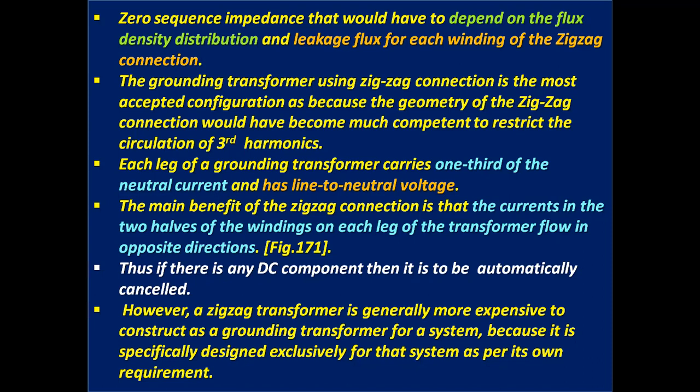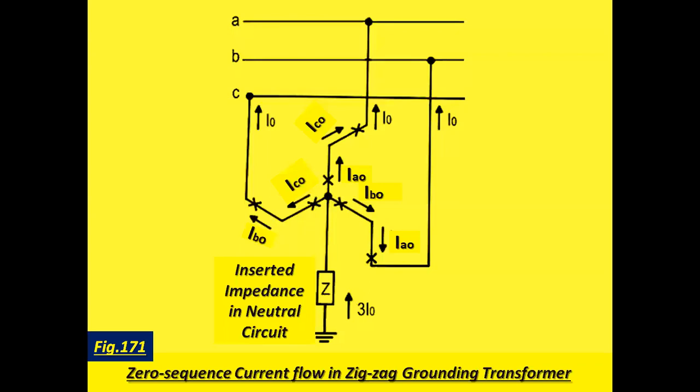However, a zigzag transformer is generally more expensive to construct as a grounding transformer for a system because it is specifically designed exclusively for the system as per its own requirement. See the diagram.